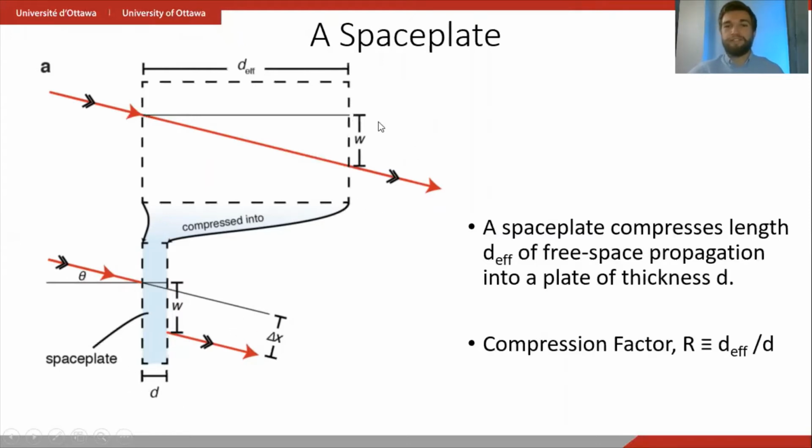Now, two important features that are retained are the lateral translation w and the incident and outgoing angle theta. And that second point is one of the major things that differentiates this from something like a lens. And the way we quantify the effectiveness of the spaceplate is that we define a compression factor R, which is equal to d effective over d.